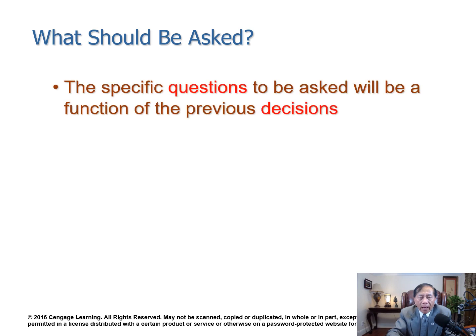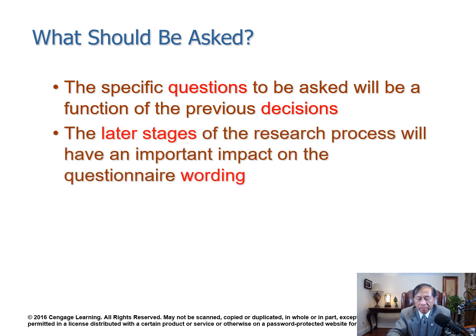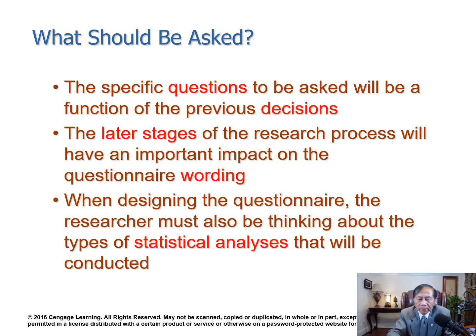What should be asked? The specific questions to be asked will be a function of the previous decisions. The later stages of the research process will have an important impact on the questionnaire wording. When designing the questionnaire, the researcher must also be thinking about the types of statistical analysis that will be conducted.